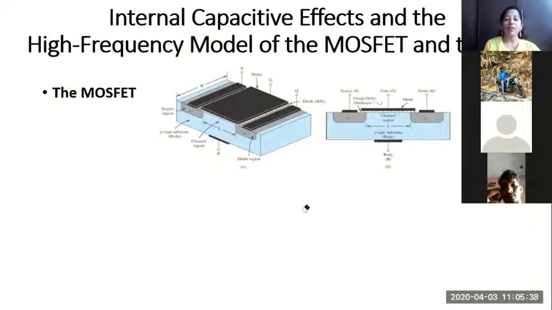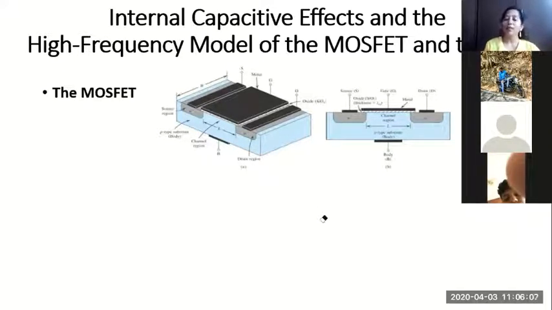For the simple reason that whenever frequency is high, it means the time period is small. So time will be very small whenever frequency is high. That means the input changes very fast. The time gap between the changes in the input will be very, very small. The input changes very quickly.